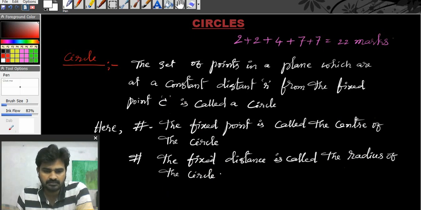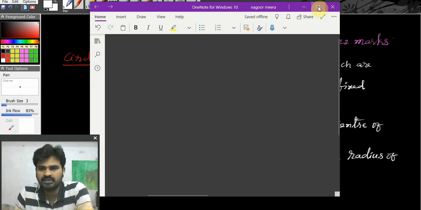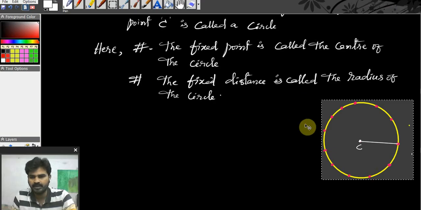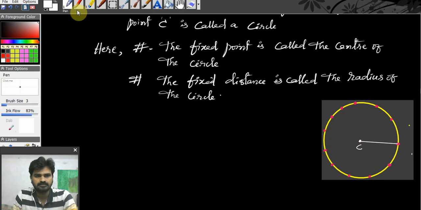Look here. Now the circle can be formed like that. This is the circle we have taken here. So we have taken the fixed point C here and the fixed distance r here, and by taking the fixed distance and fixed point C, we can plot the points here.